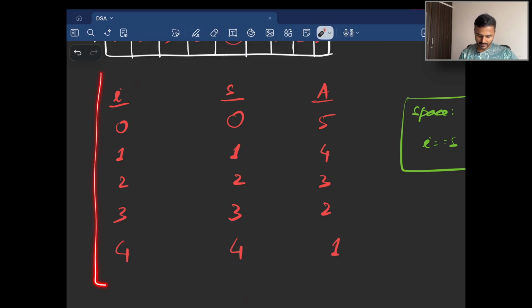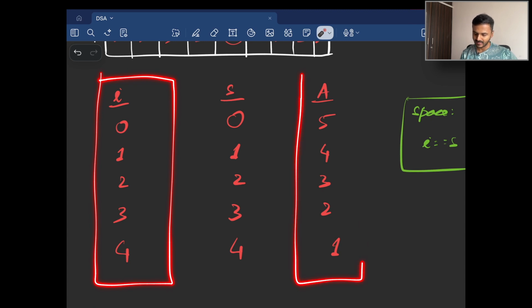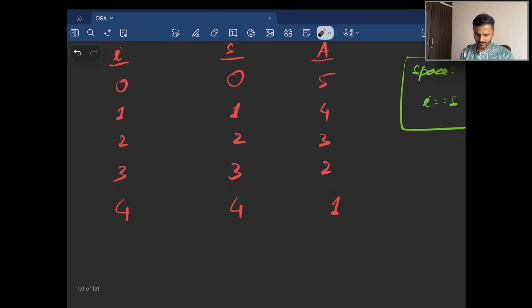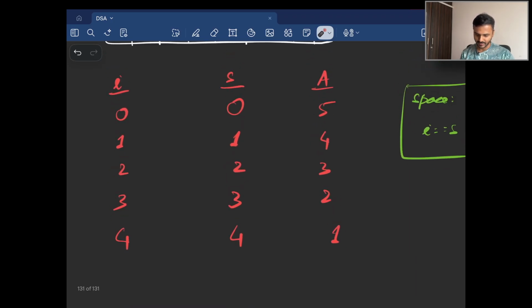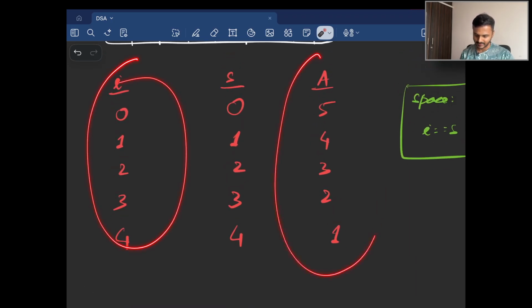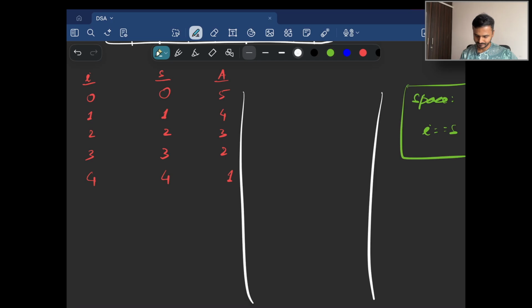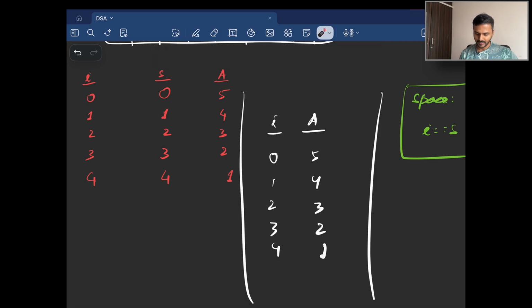Now, let us focus our attention on the row number, denoted by I, and the number of asterisks, A, that we have to print in that row. Let me put these side by side so that it's easier to figure out a relation between them. For I equal to 0, we have to print 5 asterisks. For I equal to 1, we print 4.